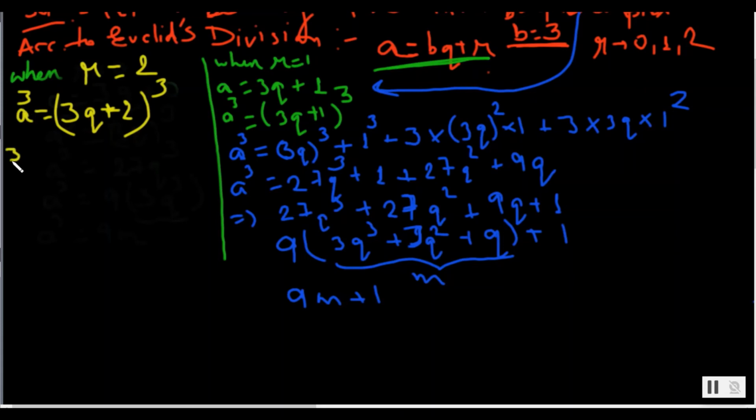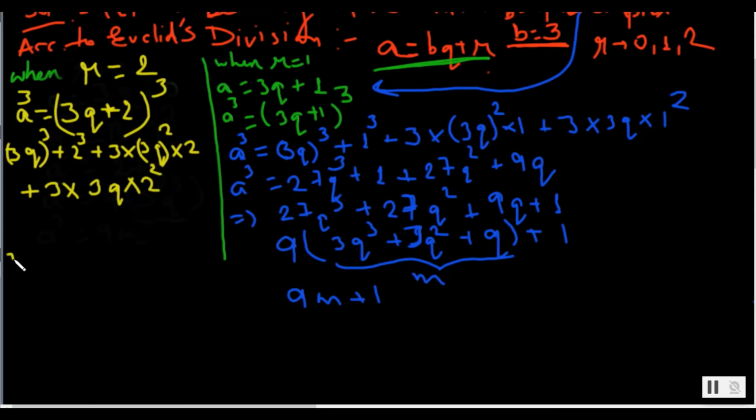So it will result in (3q) cube plus 2 cube plus 3 into (3q) square into 2 plus 3 into 3q into 2 square, which will give us 27q cube plus 8 plus 54q square plus 36q.